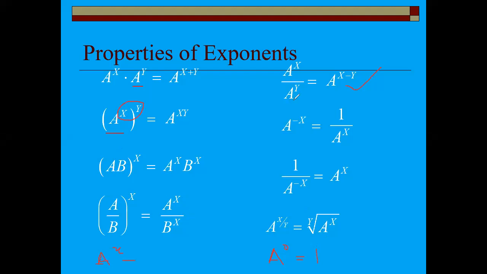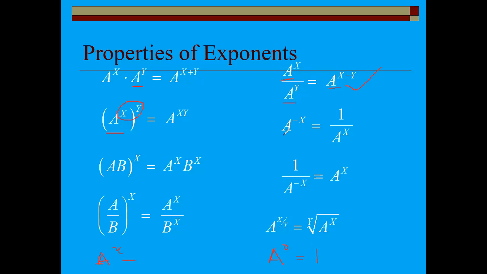And that will simplify further. If you have a raised to power x over a raised to power y, because we have the same base, which is a, we'll take one base and then subtract the indices.